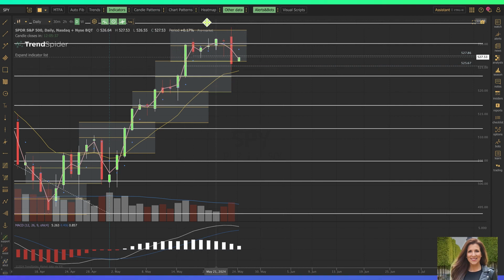The big picture is sideways, and so the small pictures will have directions and possibilities in both areas. But we do want to see, if we're bullish, we want to see the hold of the 527 into 529, and then we'll go back to 530. Else, we reject the 529, and we pull back and move closer to the exponential moving average down there at 525-ish.